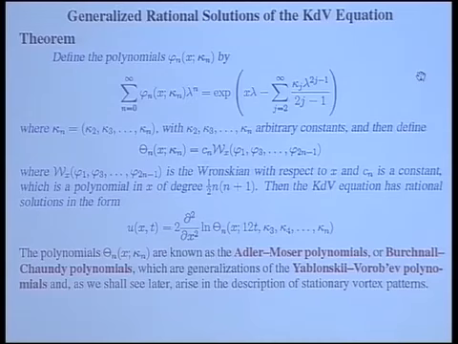And these actually turn out to be generalizations of the Yablonskii-Vorob'ev polynomials. For the Yablonskii-Vorob'ev polynomials, you take kappa 2 to be a constant and all the other kappas to be 0. And for the other members of the hierarchy, you just choose one of them to be non-zero and everything else to be 0. And I shall show these actually describe stationary vortex patterns.